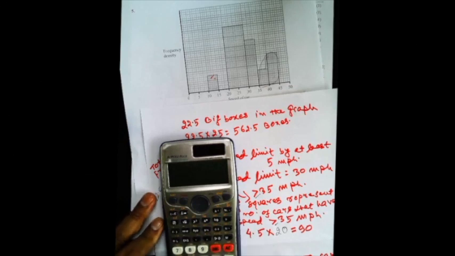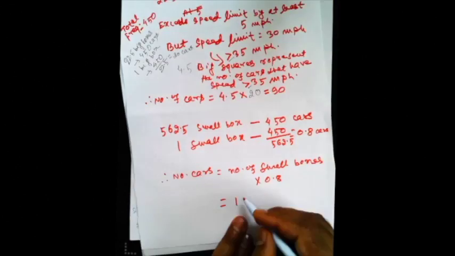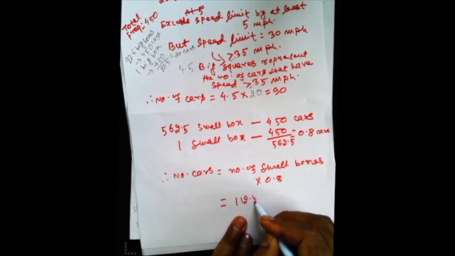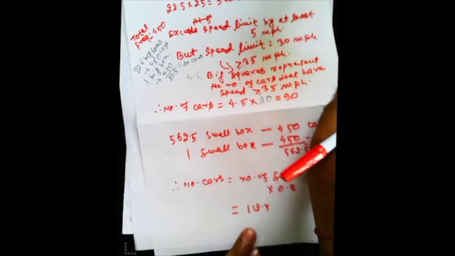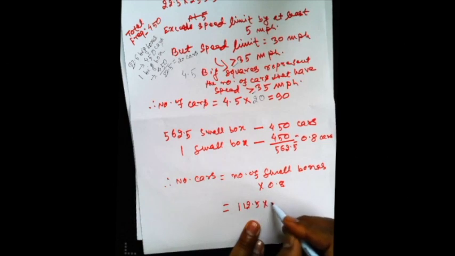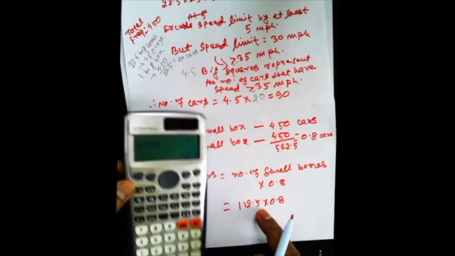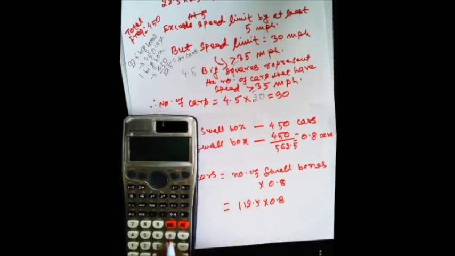So altogether it is 4.5 times 25, which is 112.5 small boxes in this region where you see 35 and above, and each box contains 0.8 cars, so let's multiply 112.5 by 0.8, and our answer is again 90.